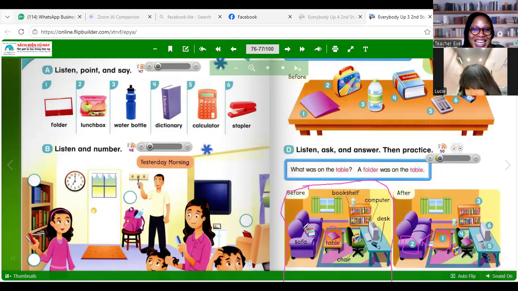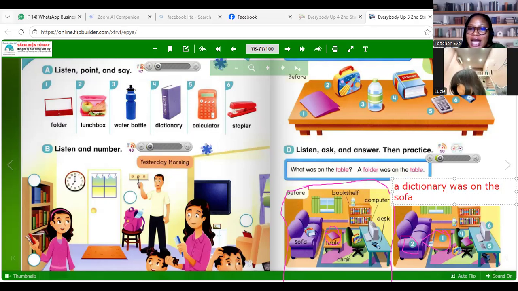Can you say that again? Dictionary. Yes. Again. Dictionary. Okay, so let's write it down. You say a dictionary was on the sofa.